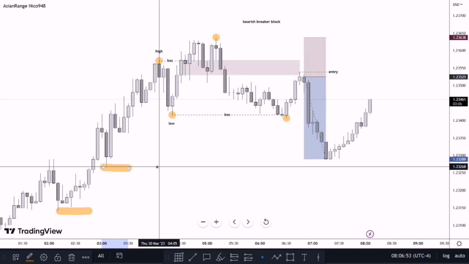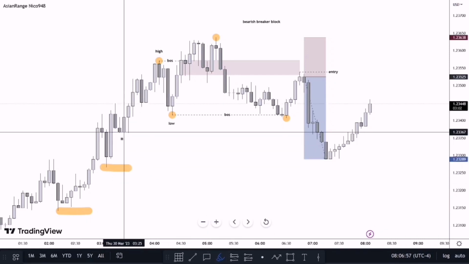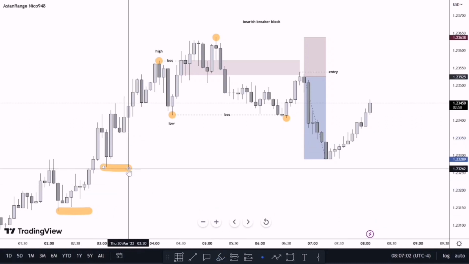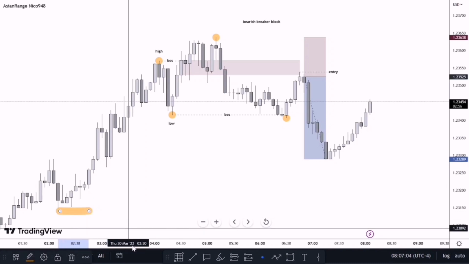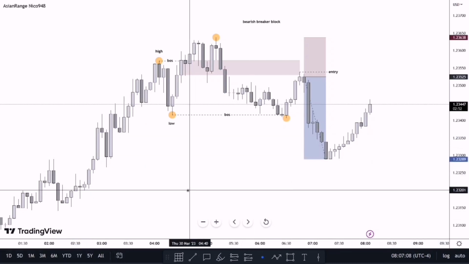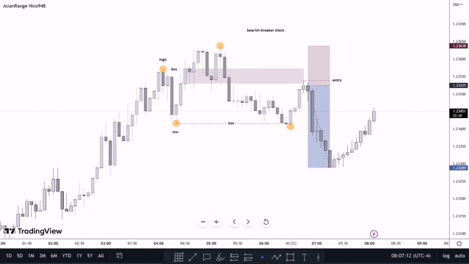So we always target the lows, so that we can benefit and take out stops. That's basically an example of a bearish breaker block.